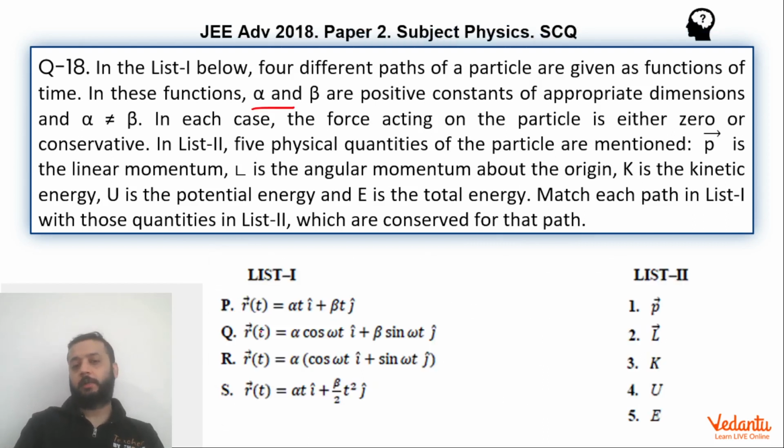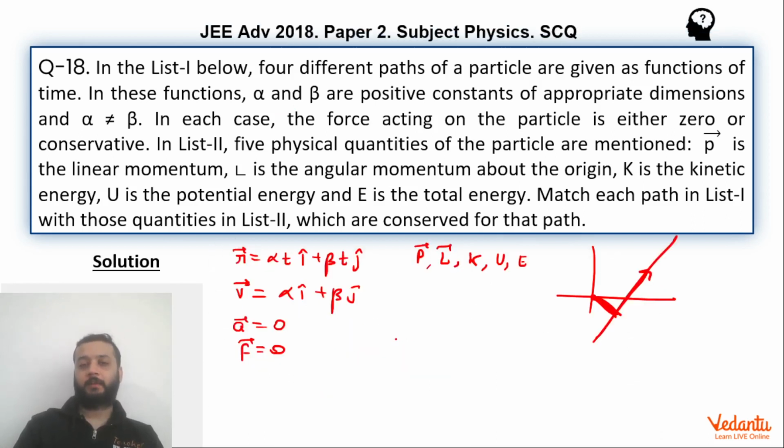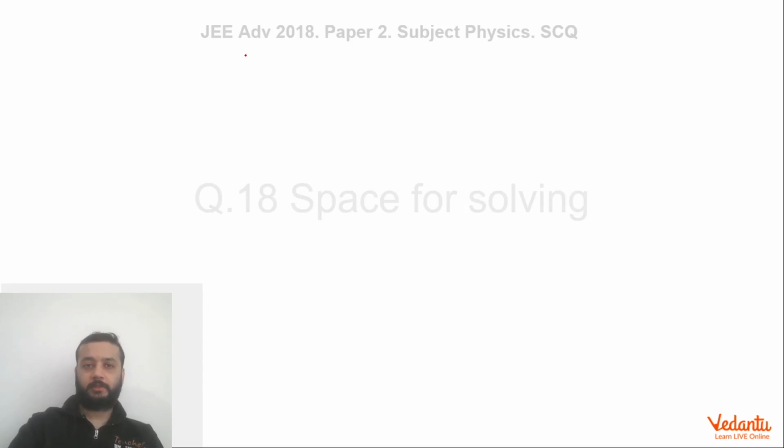Now let's talk about Q. Alpha cos omega t plus beta sin omega t. So one way of doing this is alpha cos omega t i cap plus beta sin omega t j cap.